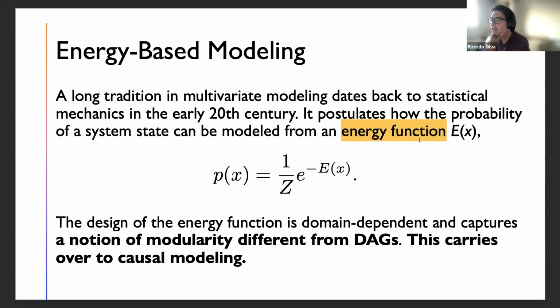So the idea here is that low values for this function will correspond to high probability states. And depending on the shape of this energy function, you have a notion of modularity. Not the type of modularity you see in things like directed graphs, but a type of modularity that nevertheless can be used to carry out causal modeling if you explicitly represent how these random values interact with actions.